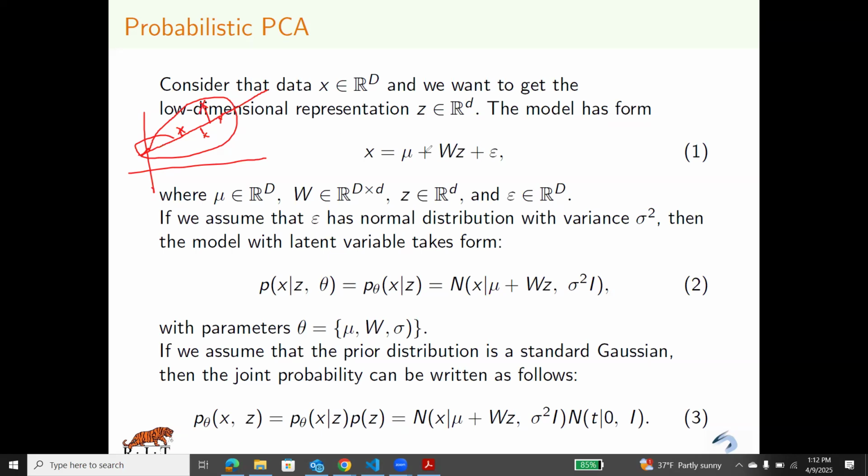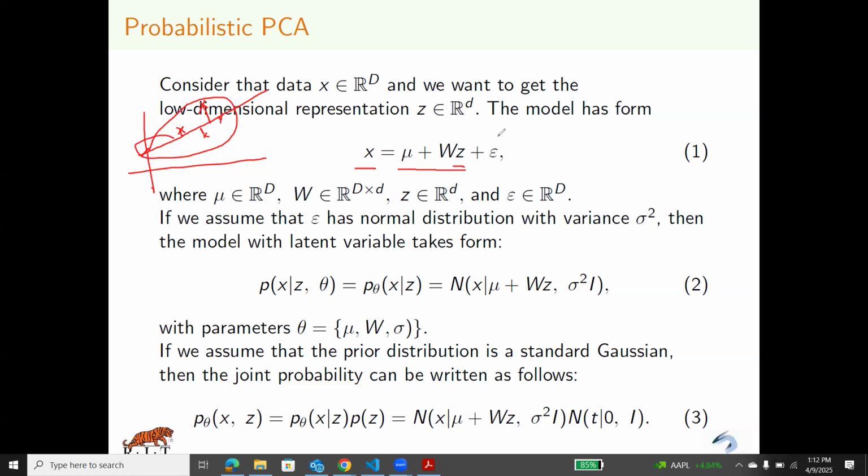Now let's look at the probabilistic formulation of this problem. So we have X, a point in multidimensional space, and Z, the representation in low dimensional space. And you remember there is a linear function. Mu corresponds to the center of this data, and matrix W transforms two-dimensional data into one-dimensional. In the general case, the capital-D dimensional data into the lowercase-d dimensional data.